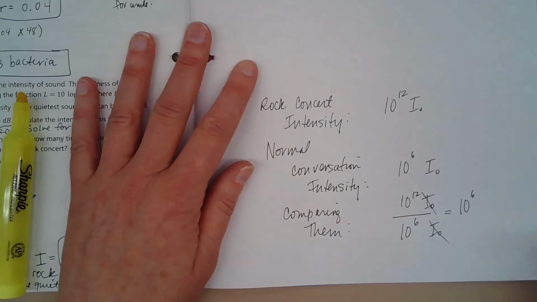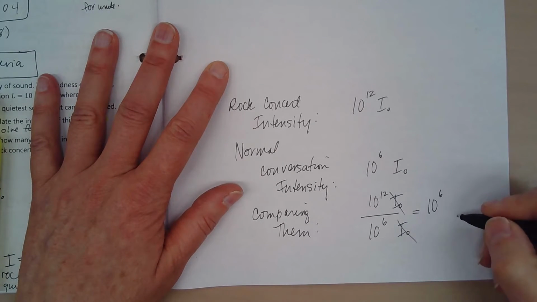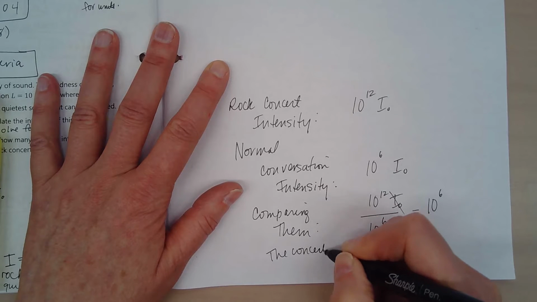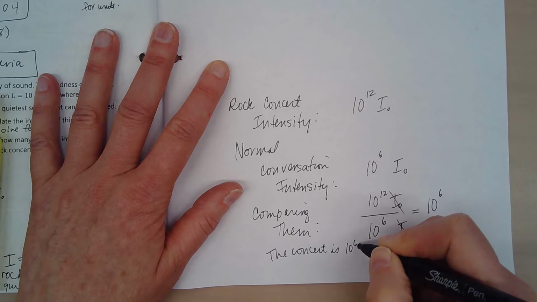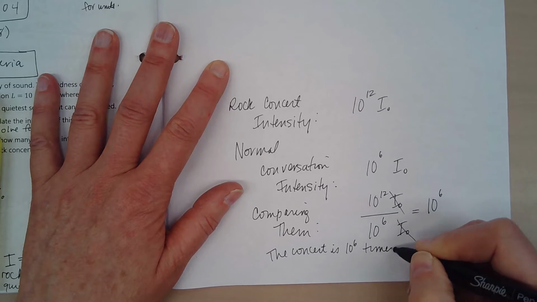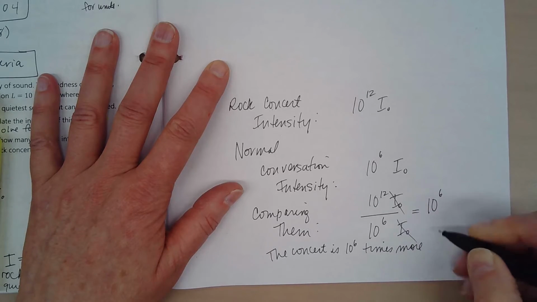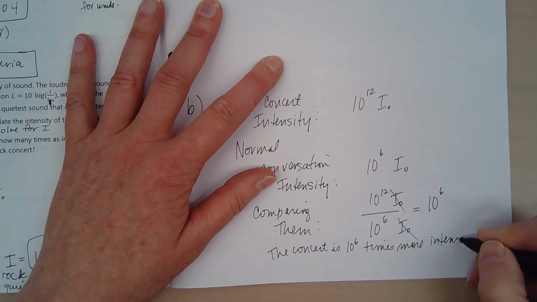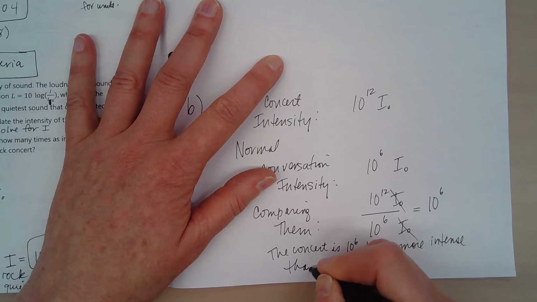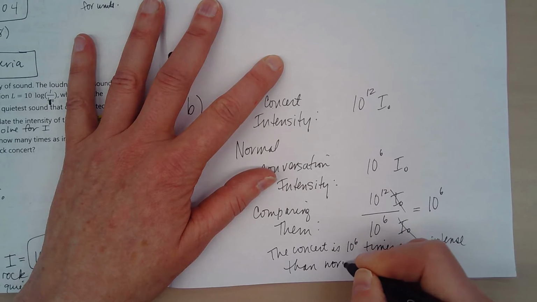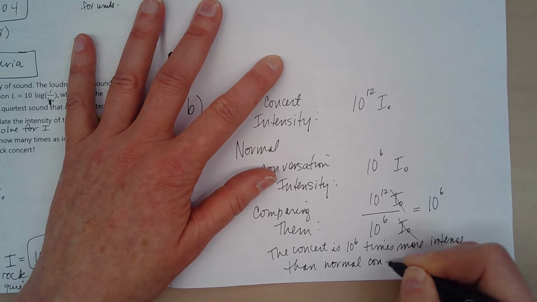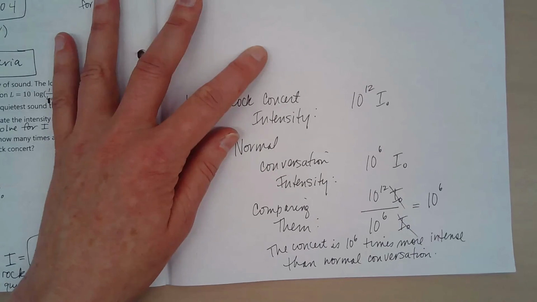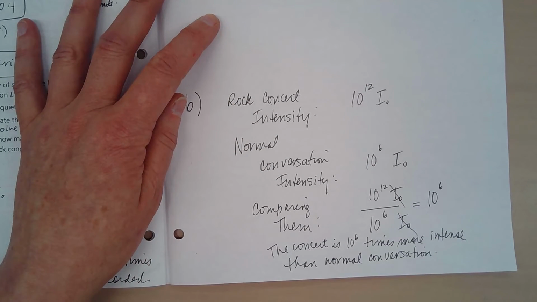So the concert is 10 to the 6 times more powerful, or more intense, than normal conversation. If I asked you to answer as a whole number, what would that be?